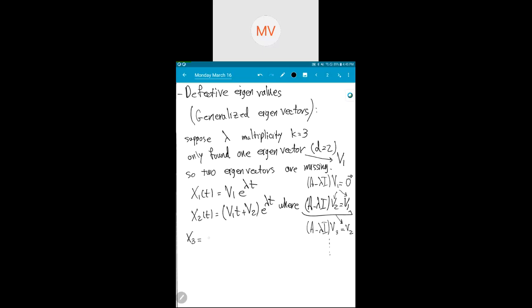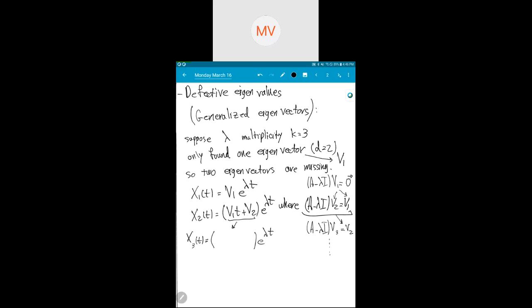So the third one, x3, is going to be, of course, it has e to the lambda t in it, right? All right, so we're going to sort of extend this and put it here. I mean, you can sort of see. Started at V1, and we increased the power by 1, and we got to the next one.